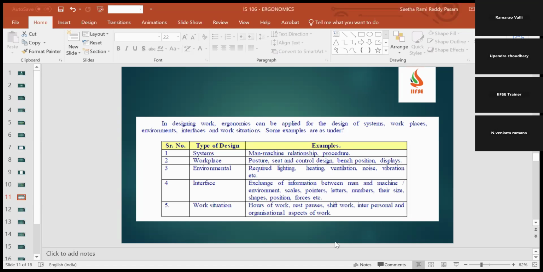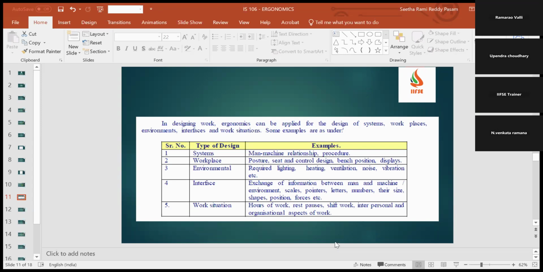So as I mentioned, ergonomics is applied at various stages, at various levels, and in various systems. If you look system-wise, there is the man-machine relationship, and in the workplace it covers posture, seat and control design, bench positions and displays.